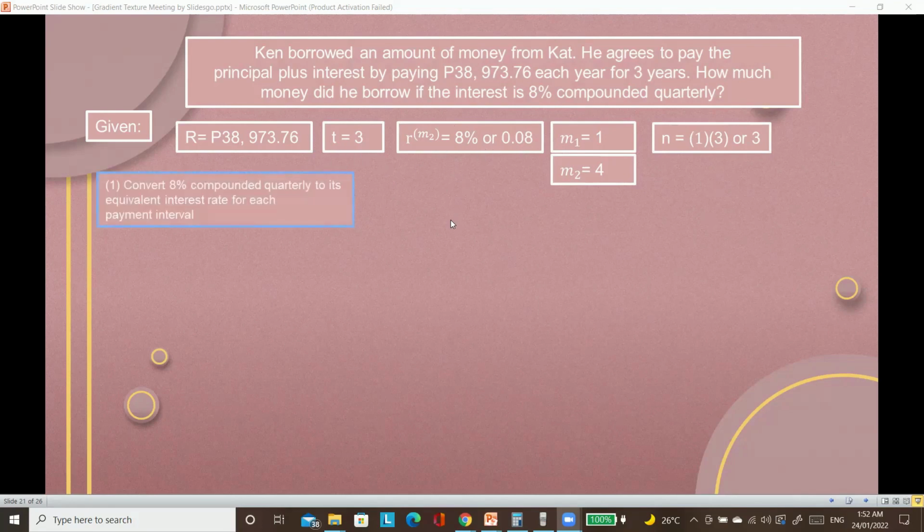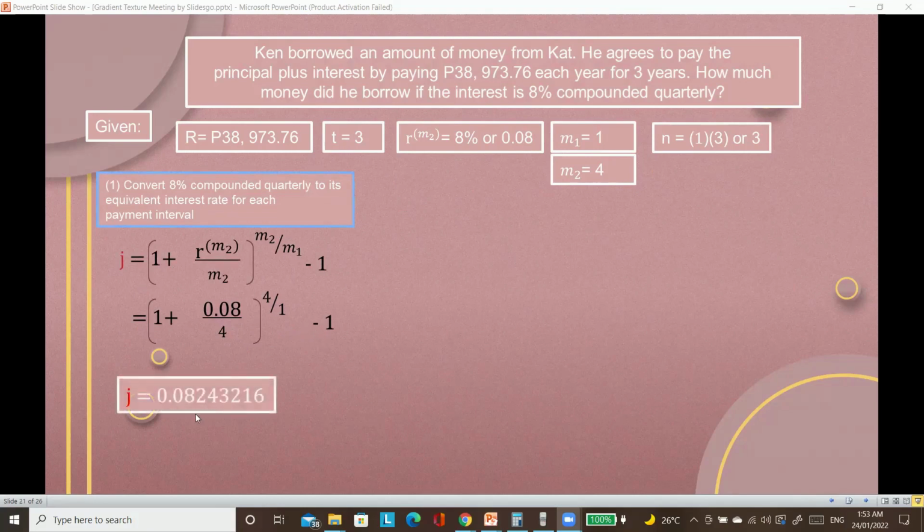So first, ang gagawin natin ay convert 8% compounded quarterly to its equivalent interest rate for each payment interval. So j. So substitute natin ang ating r ay 0.08, m sub 2 natin ay 4, raised to m sub 2 over m sub 1, 4 over 1, minus 1.